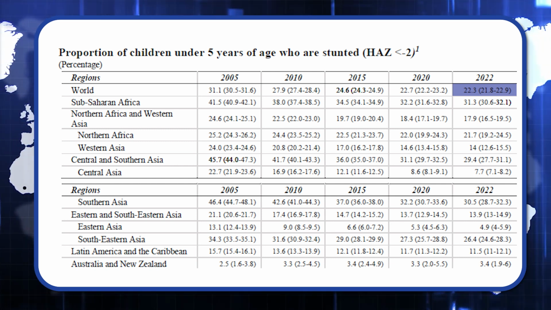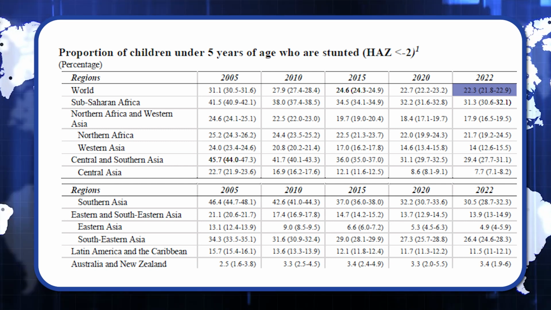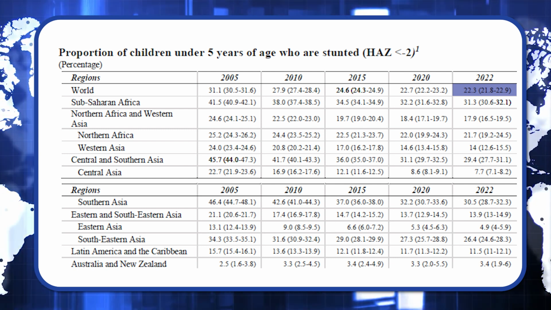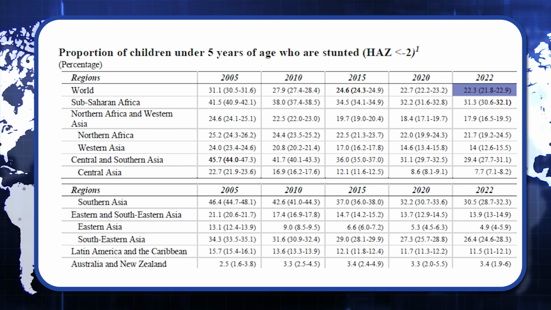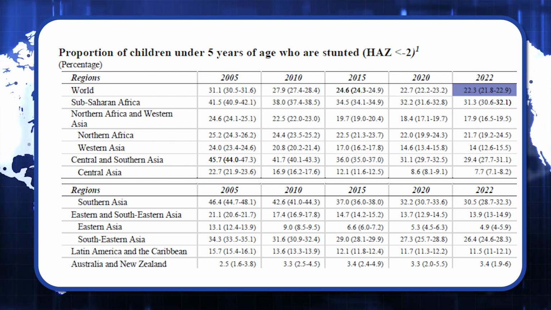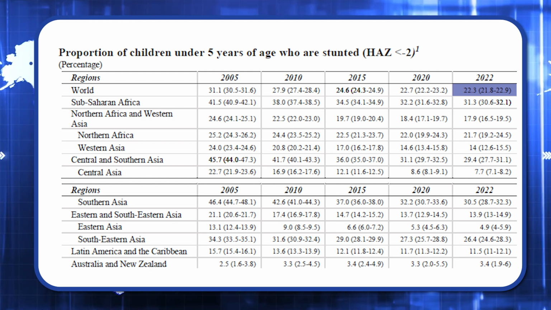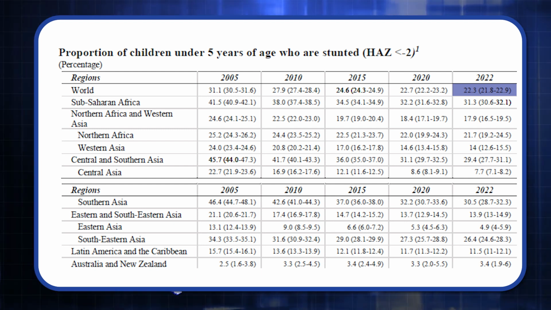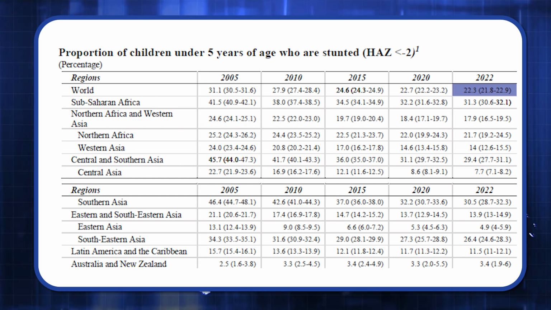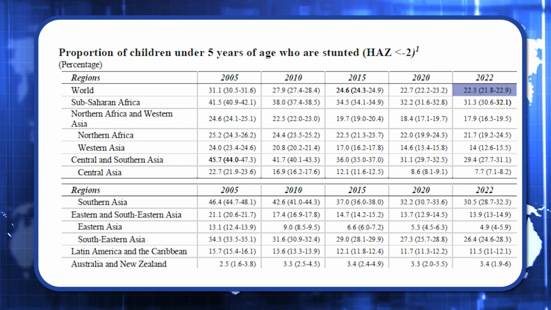When I say less than -2, it refers to chronic malnutrition among children aged 0 to 59 months. So that shows this deviation, if you look at this figure, we are not progressing well, right?